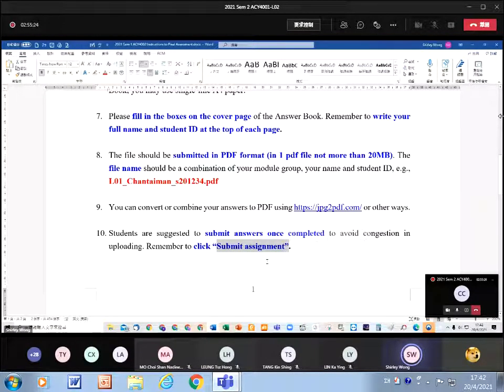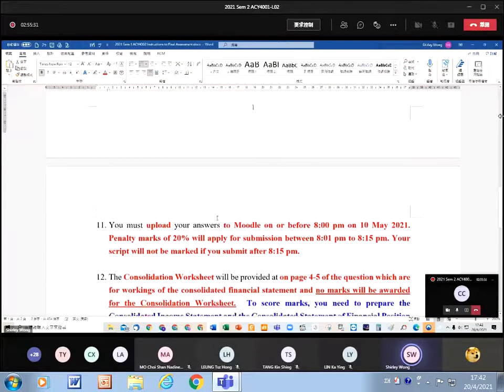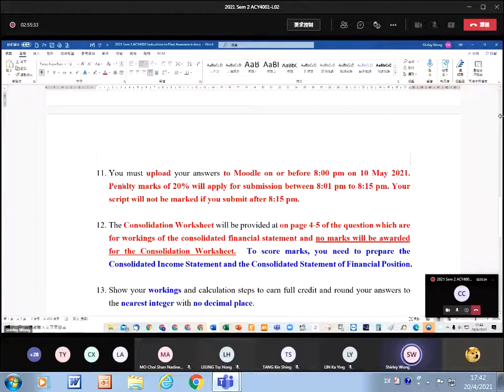submit 掣，之後撳翻去可能會 count 你 late，所以記得一定要去到最尾 submitted for grading。好，我哋有個新嘅規矩要提一提你。我哋係8點鐘結束，如果你遲過8點，幾十秒唔計，8點01分至8點15分交到上 Moodle 嘅話，我哋會扣20% 分數 penalty, mark for 20% if you are late for 15 minutes.